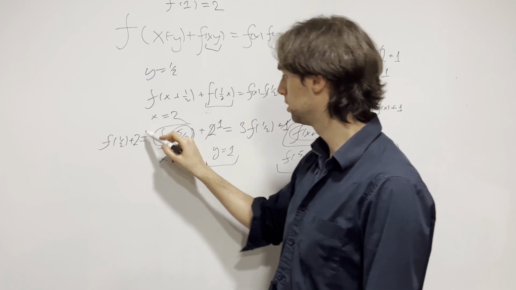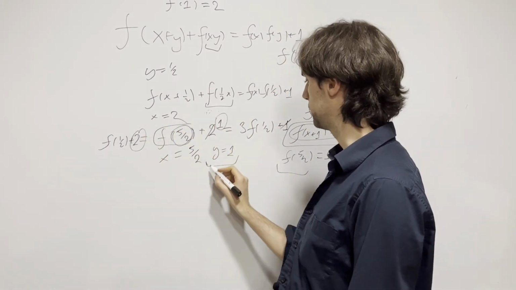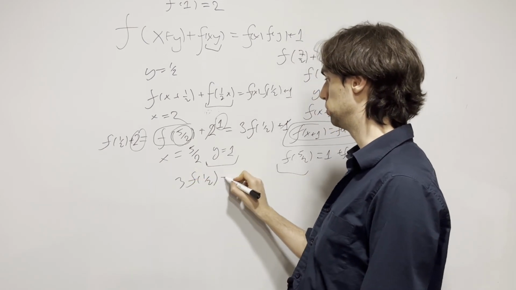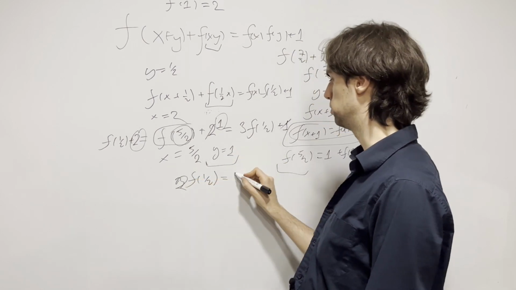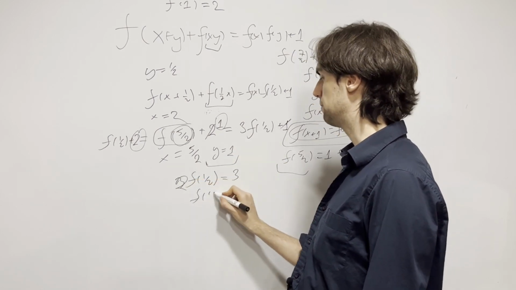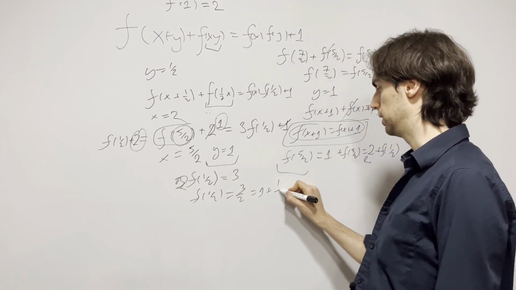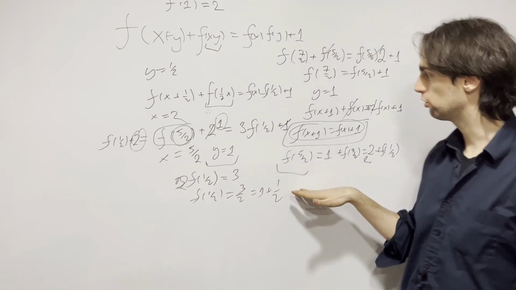And now, 2 plus 1 is 3, we get this to the other side, and we get 2 f of 1 over 2 is equal to 3. In other words, f of 1 over 2 is equal to 3 over 2, 1 plus 1 over 2. So it seems like this could also hold for the rationals.